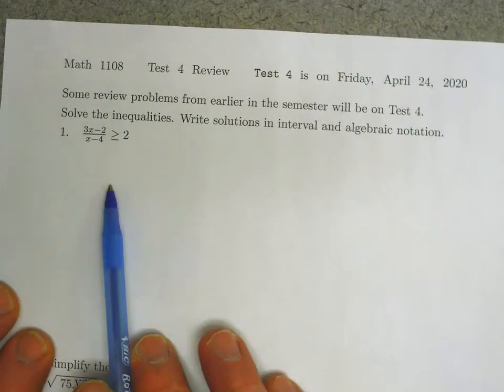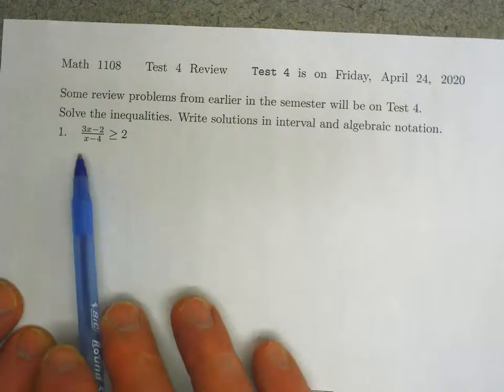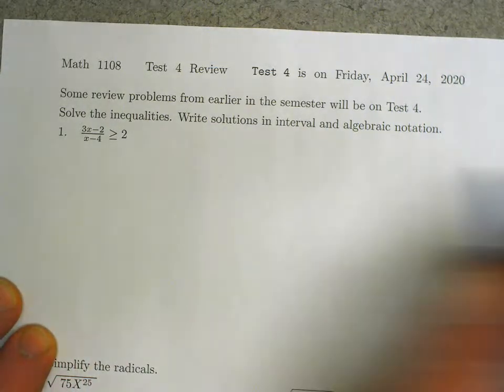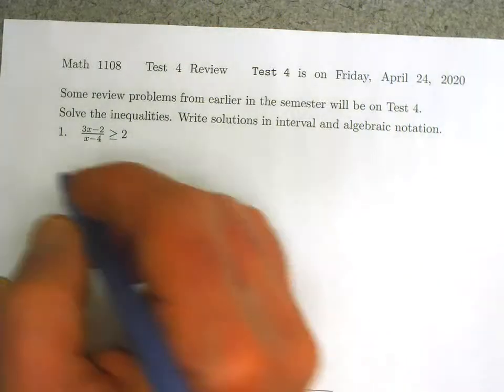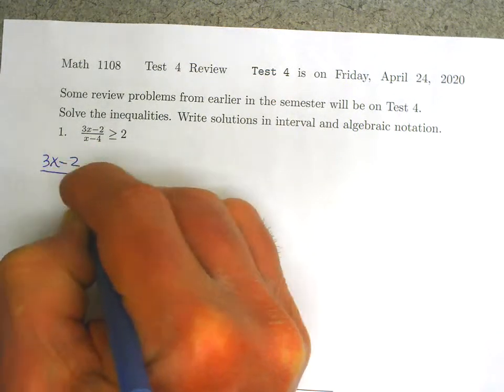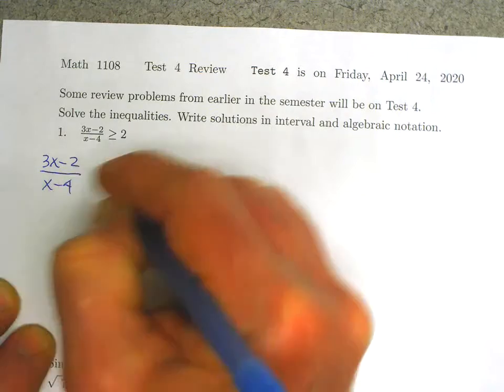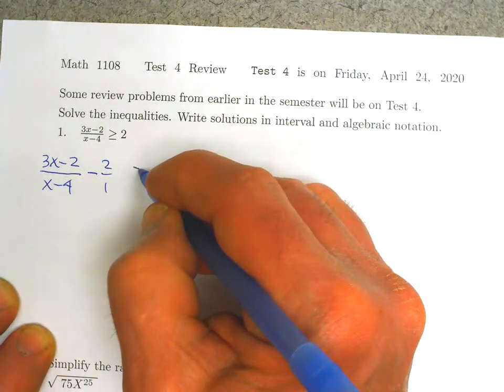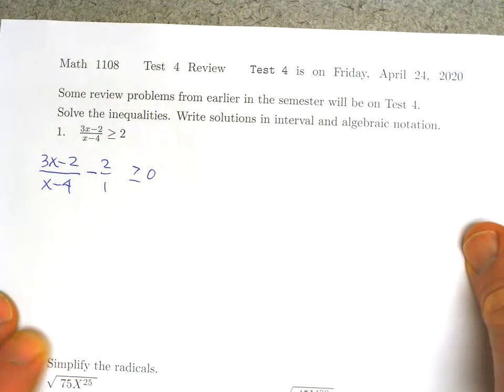Solve this inequality. 3x minus 2 over x minus 4 is greater than or equal to 2. We want one side to be 0, just like we do with quadratic inequalities. So we're going to subtract 2 from both sides so that the right-hand side is 0.